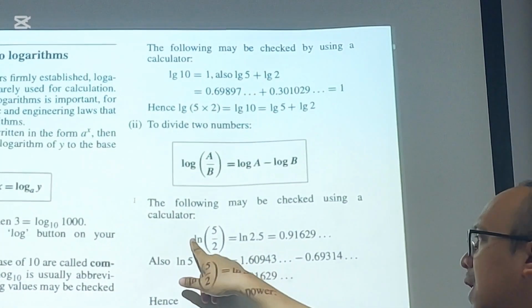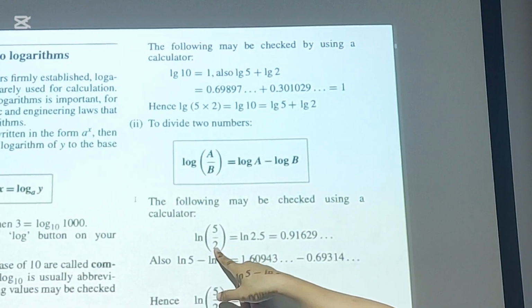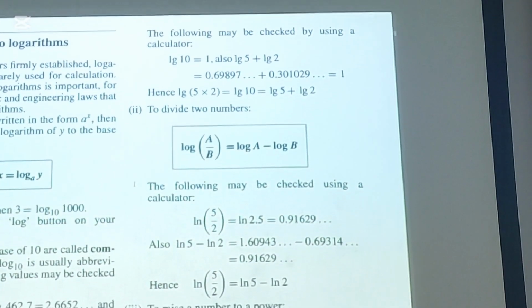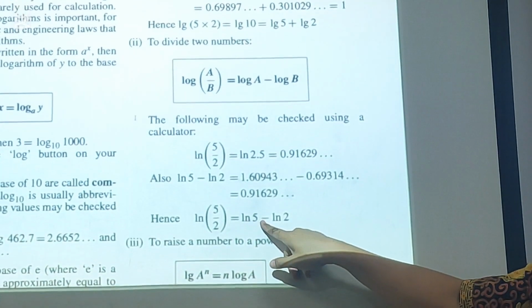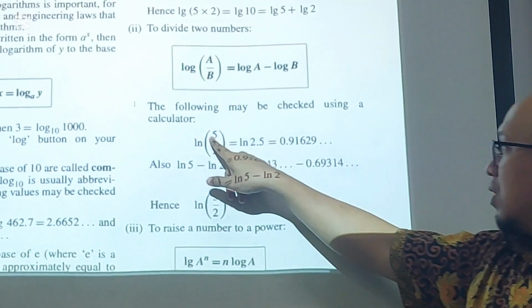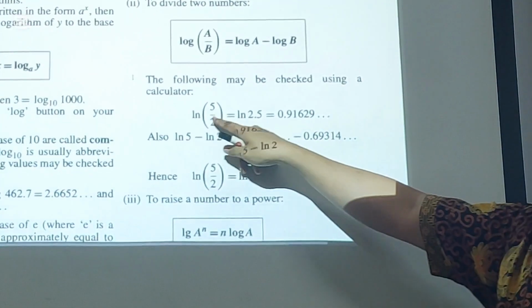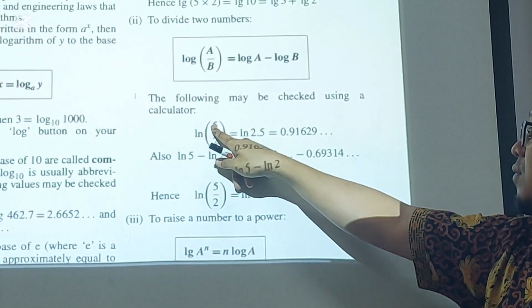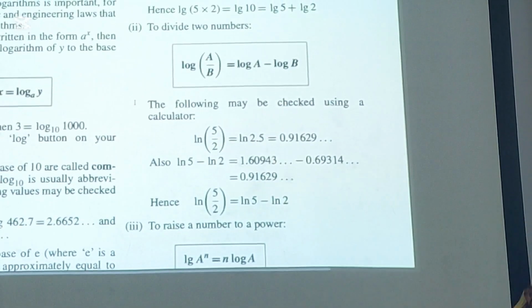For example, ln 5 divided by 2. You can simply change into ln 5 minus ln 2. Or if you bring your calculator, you can simply compute 5 divided by 2, which is equal to 2.5.